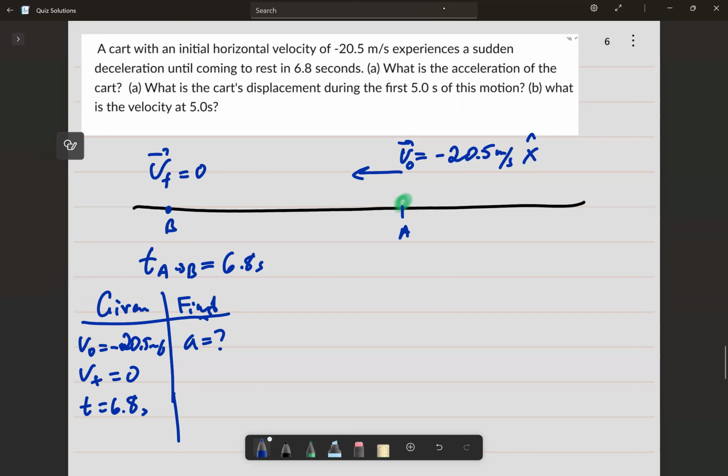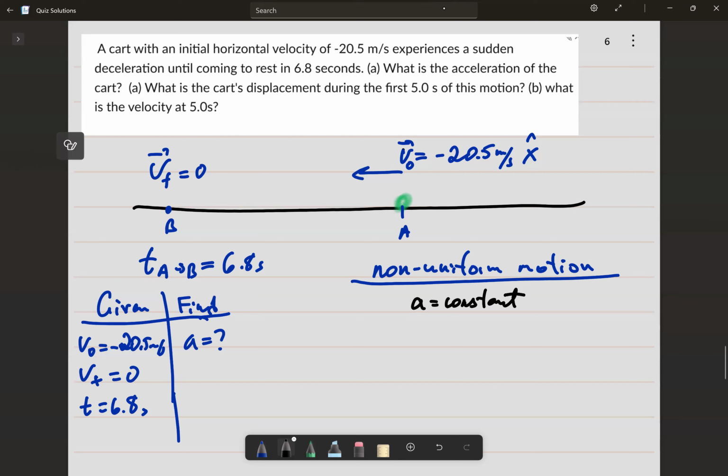What we have here is a non-uniform motion, which means the object is changing its motion, and it's only along the horizontal axis, so it's a one-dimensional non-uniform motion. We can assume that acceleration is going to be constant.